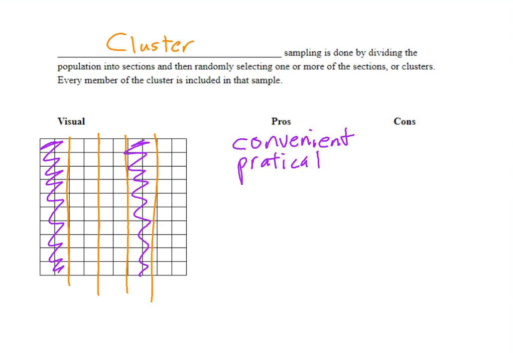Cons could be, depending on how things are arranged, the clusters can be different than the population. So it might not be representative, depending on how things are laid out.